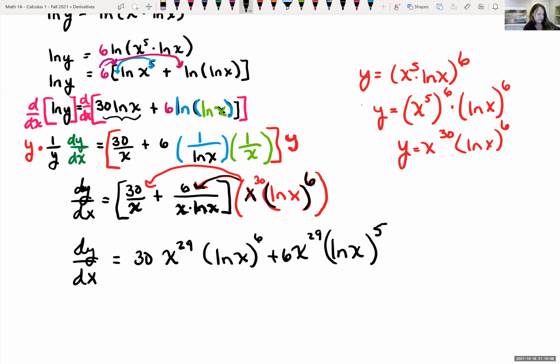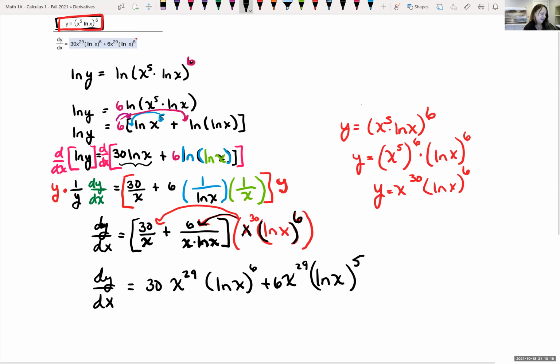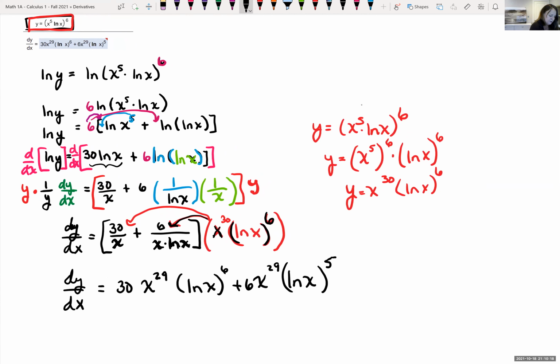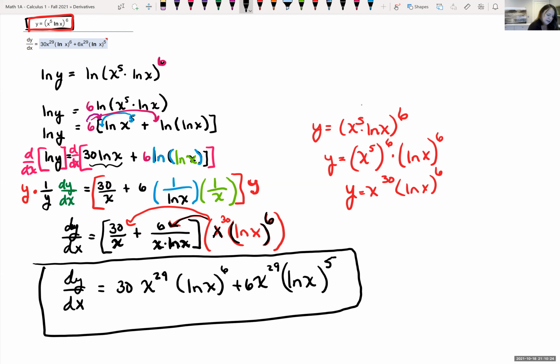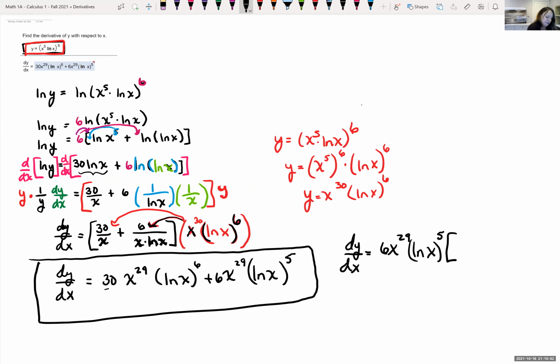It looks like I could factor out a 6x to the 29th power. And they did not do that, but we could if we wanted to. Actually, we could have factored out even more. We can pull out a 6x to the 29th, but we can also pull out a natural log of x to the 5th power, right? So 6 from 30, that goes 5 times.